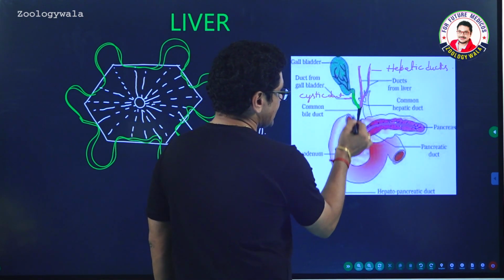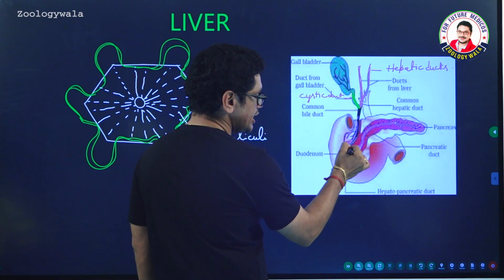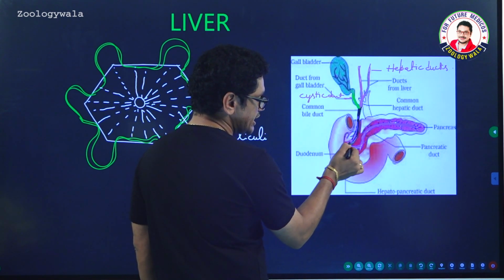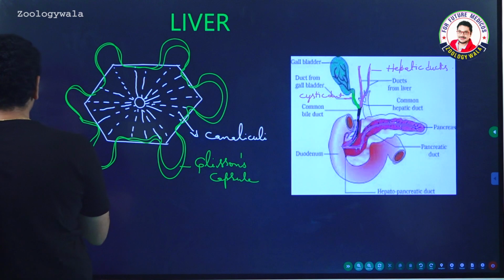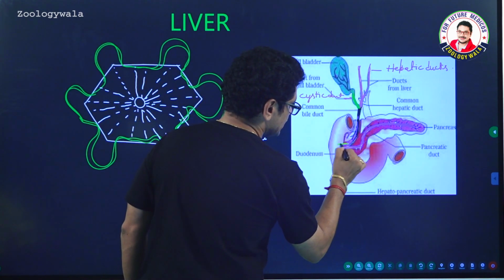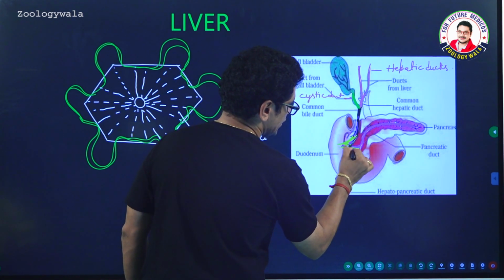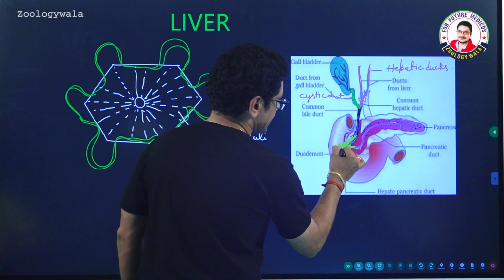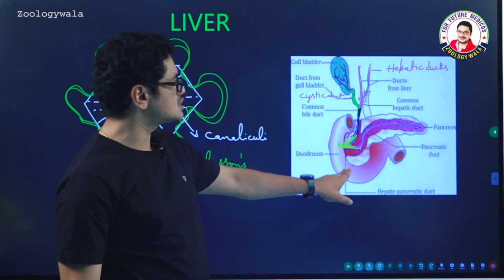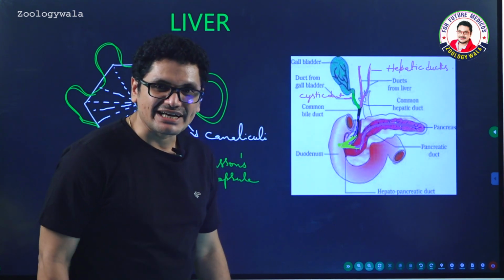So this black color duct is nothing but the common bile duct, which combines with this pancreatic duct to form another duct. What is that duct? Hepatopancreatic duct. So hepatopancreatic duct is the duct which is formed because of the fusion of common bile duct and pancreatic duct.